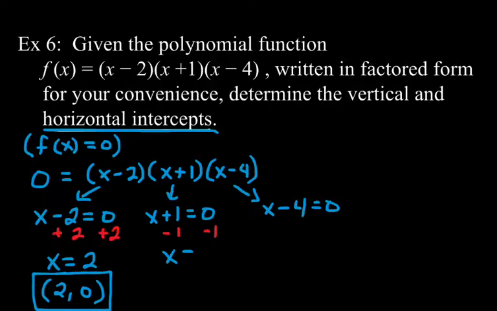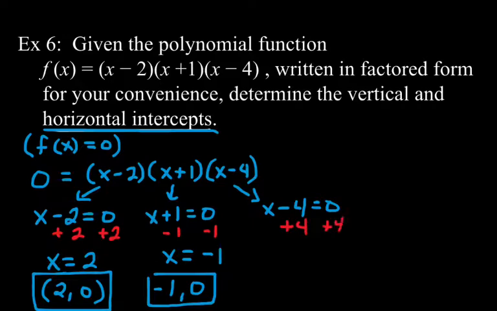Since we subtracted 1, it should be x equals negative 1. That gives us negative 1 comma 0 as our second intercept. And then our third intercept here, we're going to add 4. And when we add 4, we get x equals 4. So our third intercept is 4 comma 0.